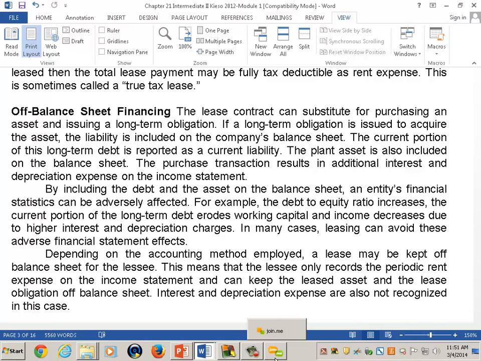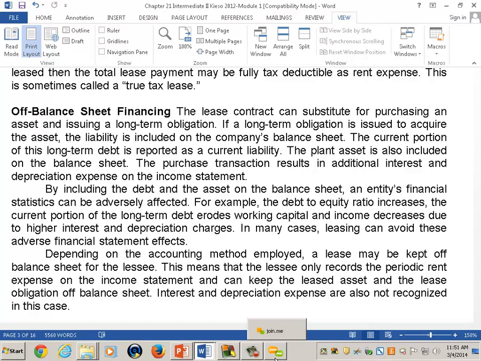That's sometimes called a capital or a finance lease. But if the accounting standards are such that you could avoid this capital lease, you could treat it as off-balance sheet financing, and get what is known as an operating lease.